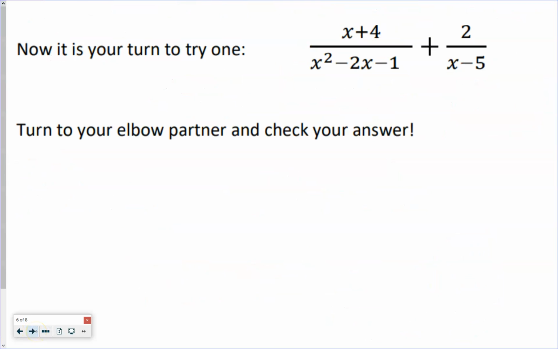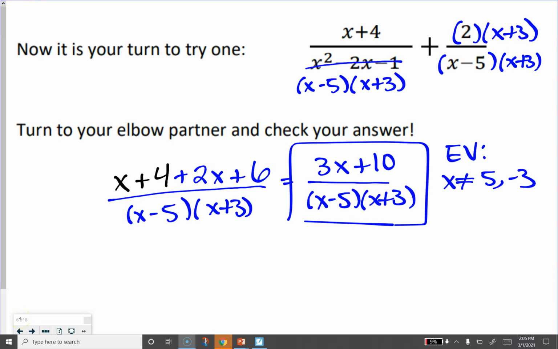That simplified my numerator to be 2x plus 6. So when I add that to x plus 4, x and 2x is 3x, 4 and 6 is 10. I cannot factor that anymore. It is done. So that is my simplified rational expression. And then my excluded values, we could never have an x equals 5 or negative 3, because that would make my denominator equal 0 somewhere. Good job.